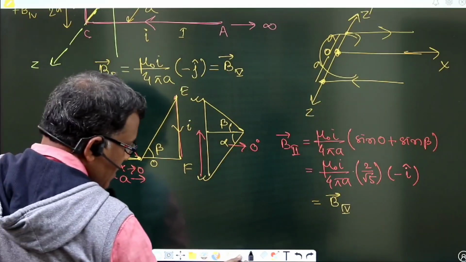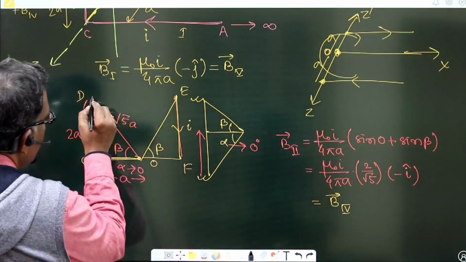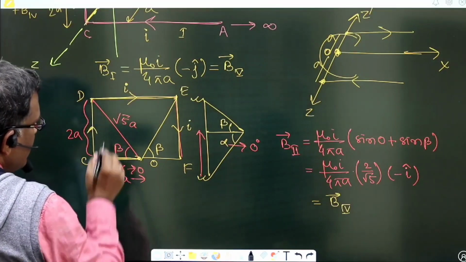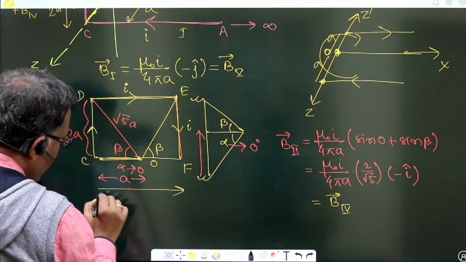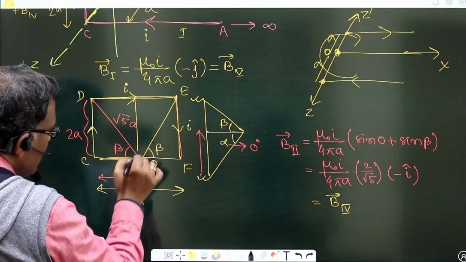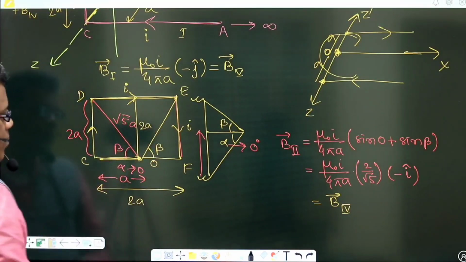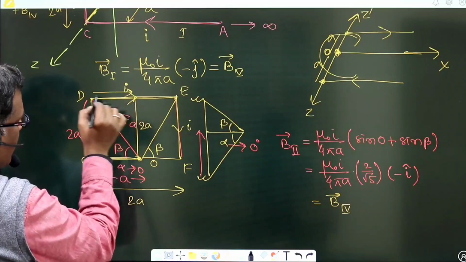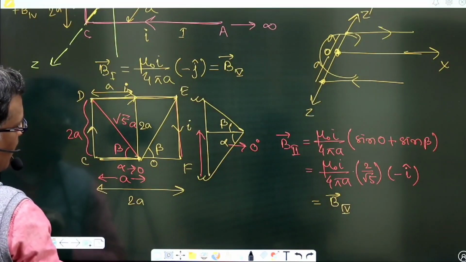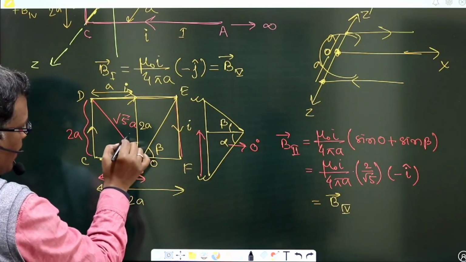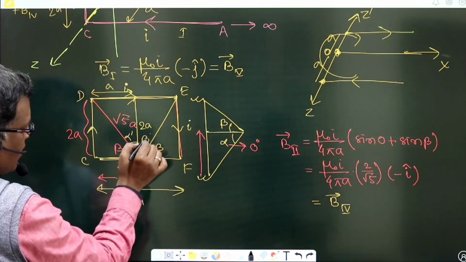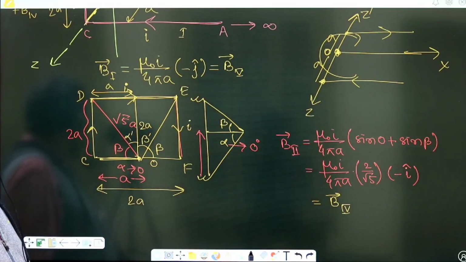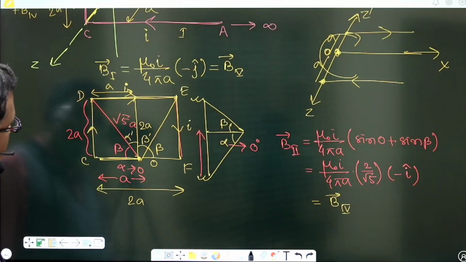Now this is about section 3. Section 3 is this one. Section 3 by itself is of length 2A. The shortest distance this time we will use is 2A. So this is 2A, this part is A. This time these two angles will be alpha dash and beta dash for section 3, both equal.